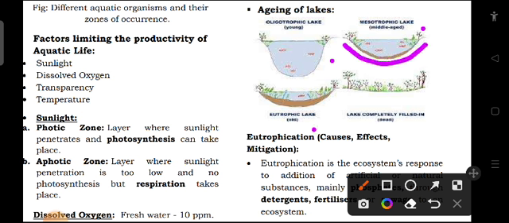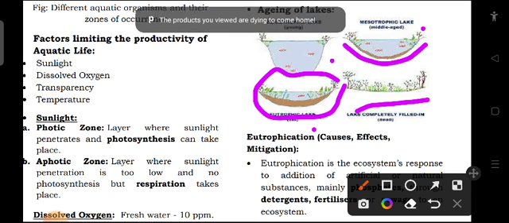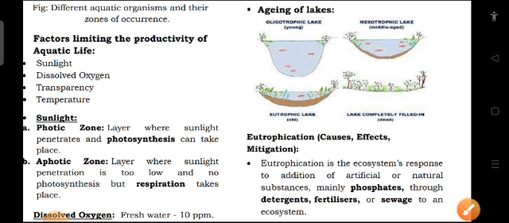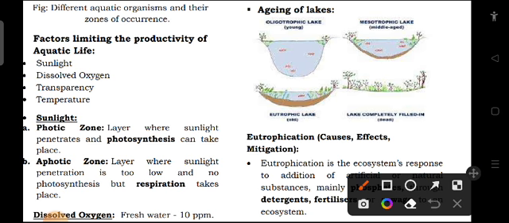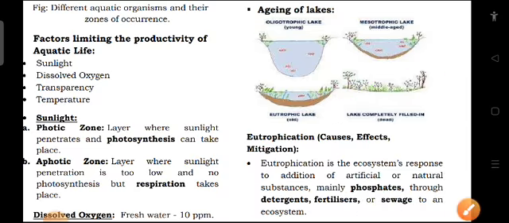Then a eutrophic lake, when it becomes old, the lake size further decreases. Then the lake is completely filled in, that is, died, and there is no visible sign of the lake here. So this is called aging of lake.